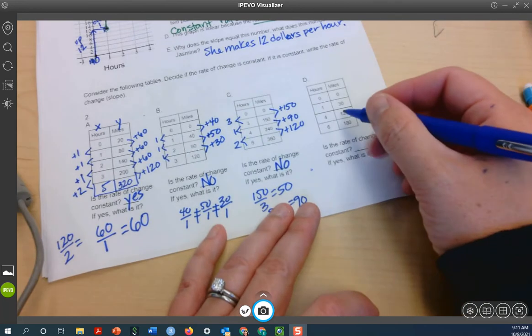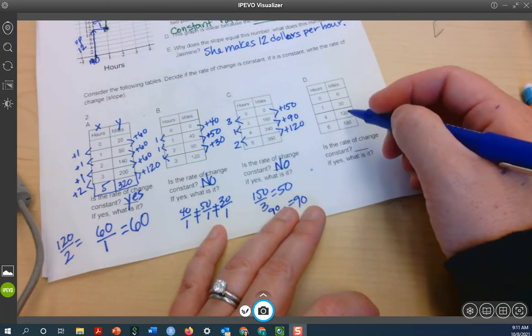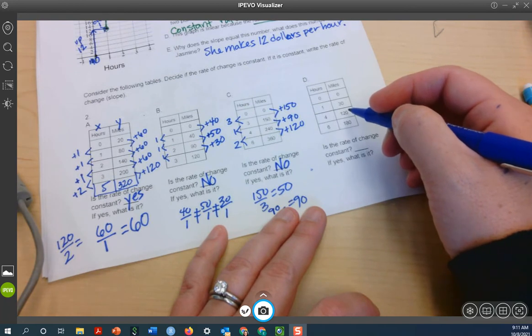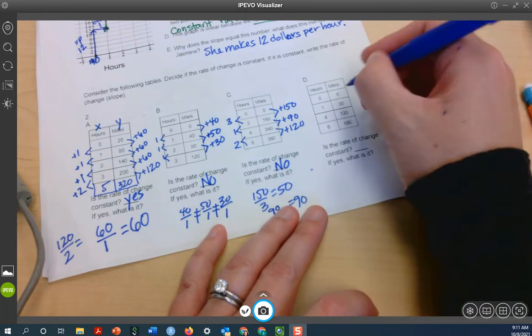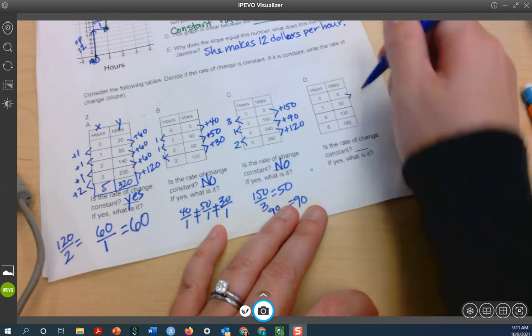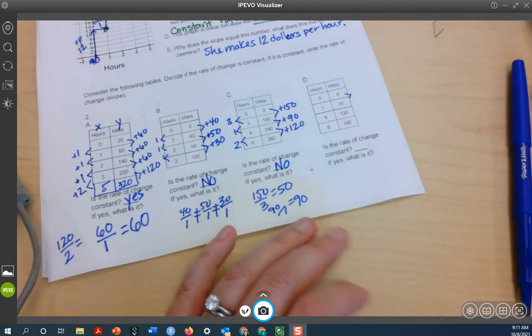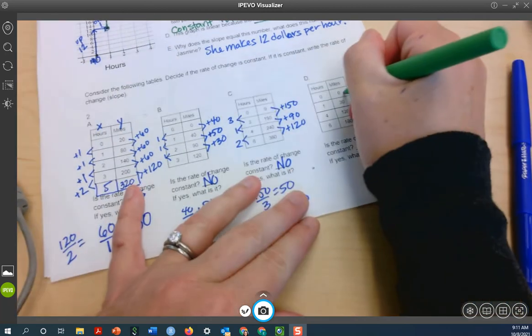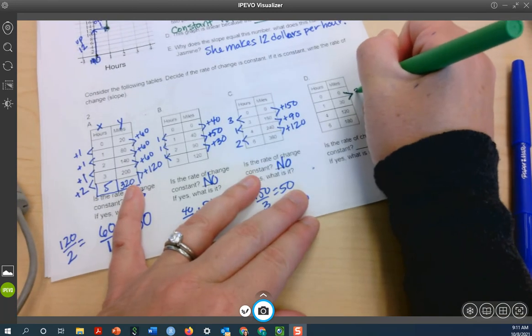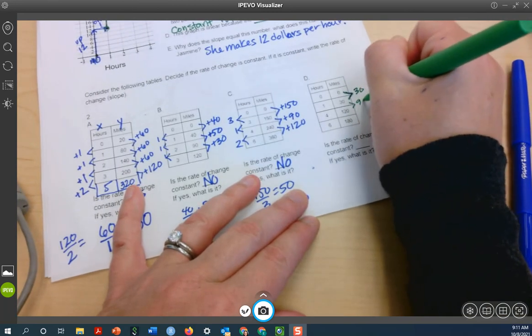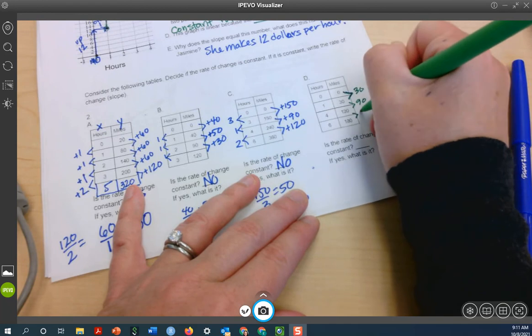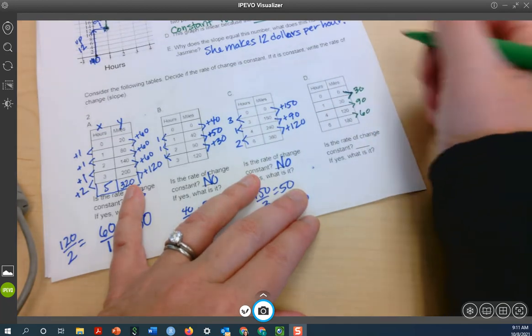All right, how about D? Raise your hand if you said yes for D. Okay, I see a couple hands for yes. Raise your hand if you said no for D. All right, so I think some people are not sure, so let's check. I'm going to use a new color so I don't lose track of things. So this one is 30, 90, and 60. So those are different numbers.